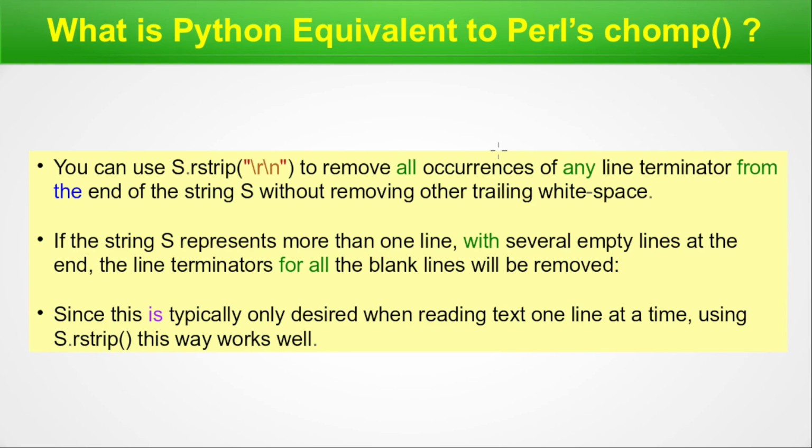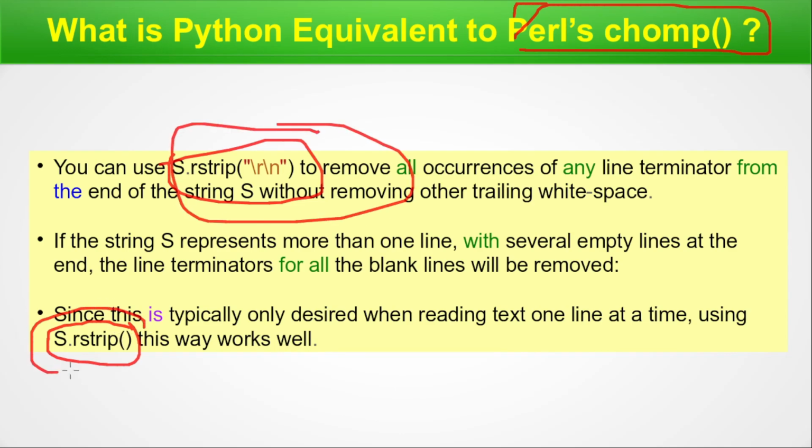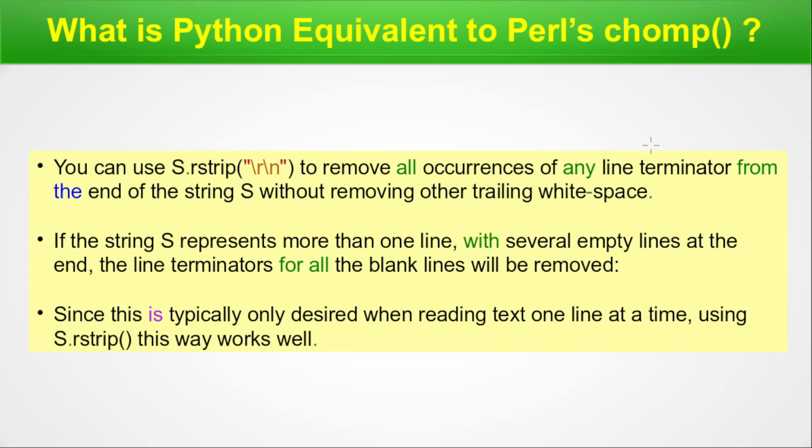And in Python automation, when you are dealing with the OS module, you may have some interactions like that. In that case, you can use either this or this as the Perl's chomp equivalent in Python. So here we are done. Let's move on to the next slide.